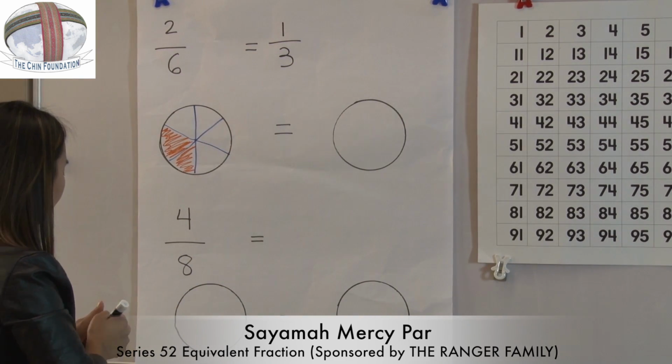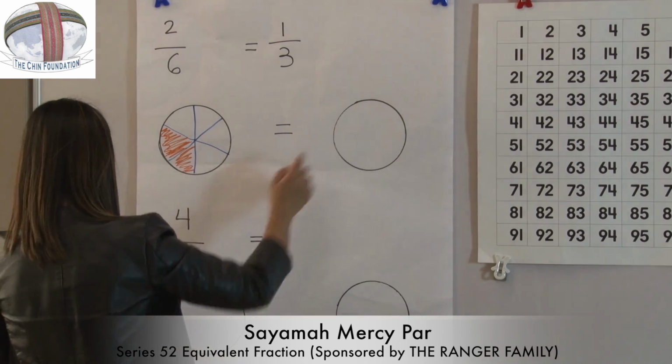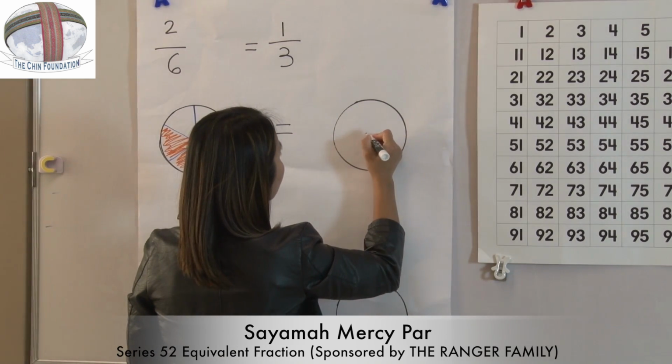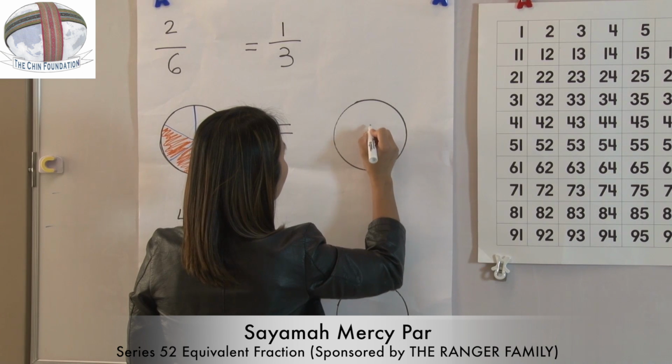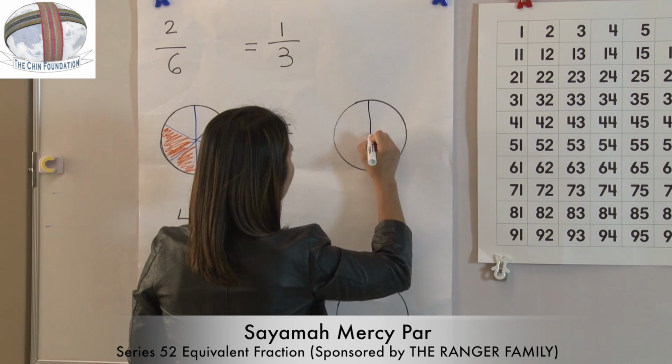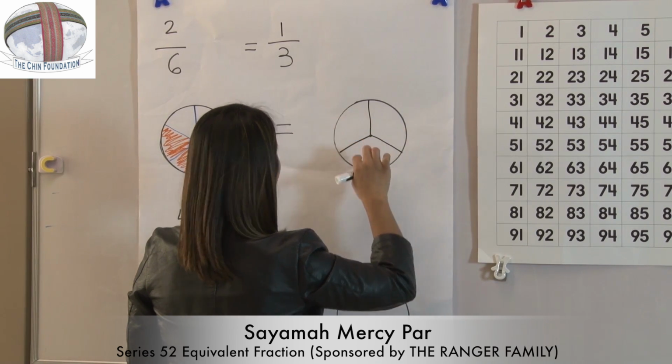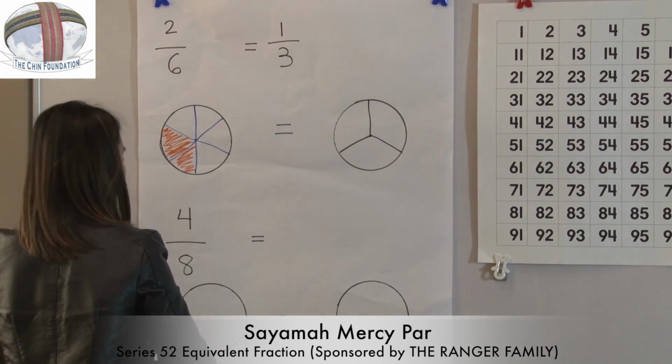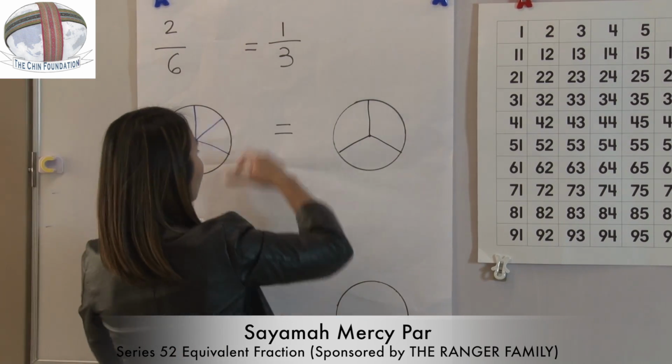Okay, we can do it that way. Or we can draw a picture to go with it. So this will be 3 parts. 1, 2, 3. Then have to color 1 part.